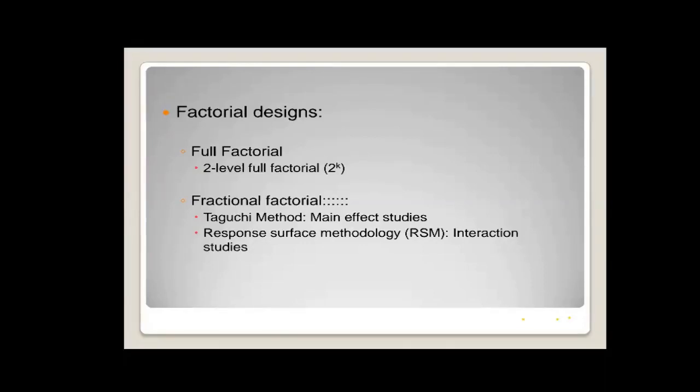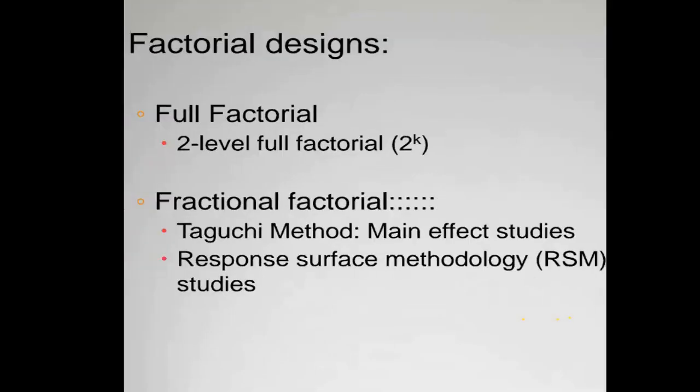So now we'll focus on the Taguchi method. How will the Taguchi method help you minimize the experiments without losing much variation? In very simple language: minimum experiments and maximum response.